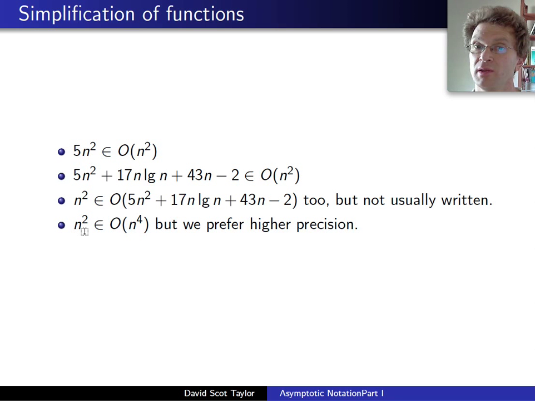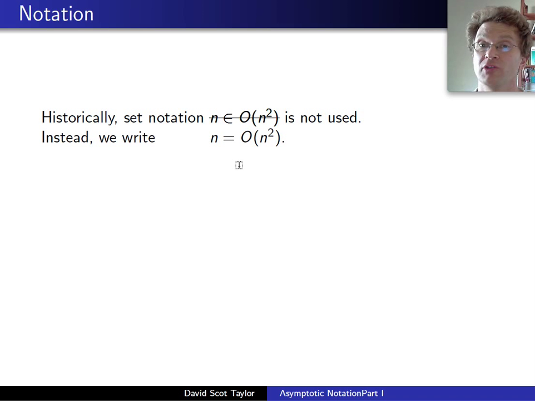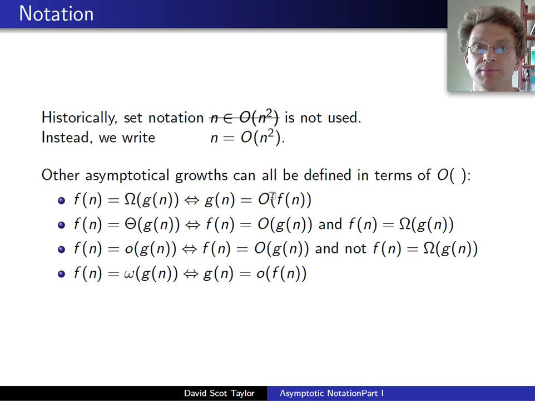So saying that n squared is in the set big O n squared is a stronger statement than saying n squared is in the set big O n to the fourth, because one is a superset of the other. Historically, we don't use this set notation. We use equal notation. People say n equals big O n squared, but really big O n squared does refer to a set, and equality really does refer to set inclusion, all right?